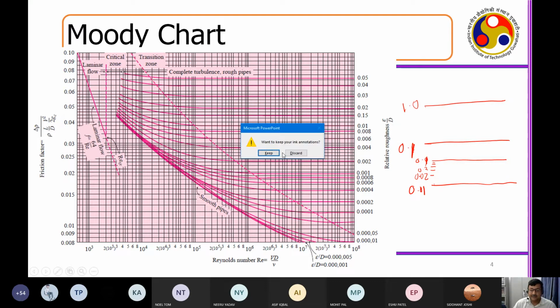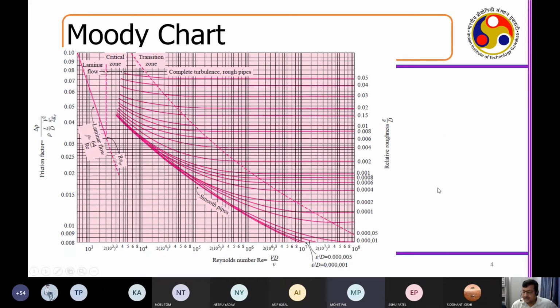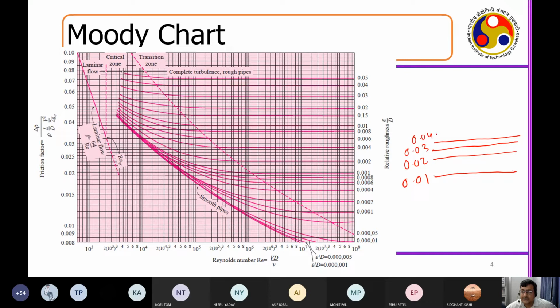Could I explain once again? So 0.01, this one will be the highest. This is 0.02, then it will be a little smaller. This is 0.03, then even smaller. That is 0.04. This is the way it will come out if you are putting uniformly.